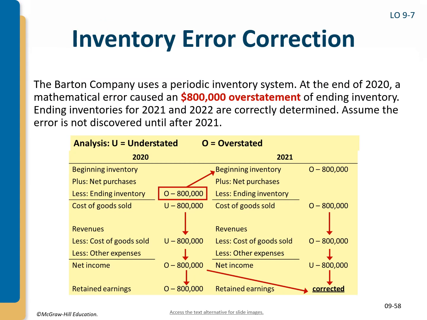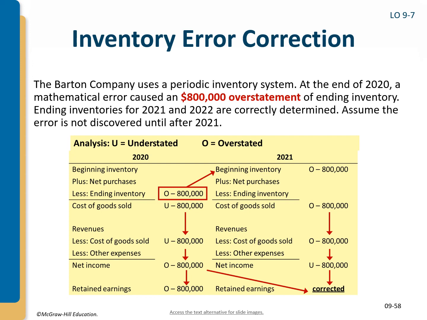So Barton Company uses the periodic system. At the end of 2020, a mathematical error caused an $800,000 overstatement of ending inventory. Yikes! Ending inventories for 2021 and 2022 are correctly determined. Assume the error is not discovered until after 2021.